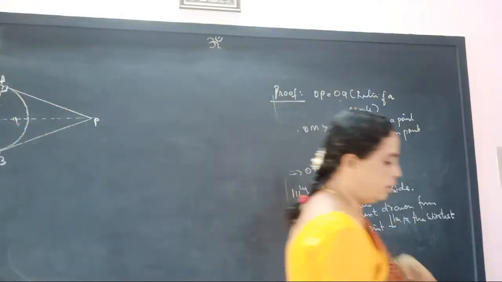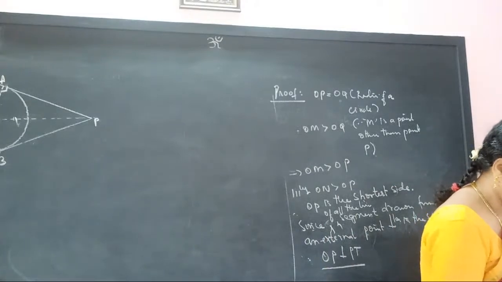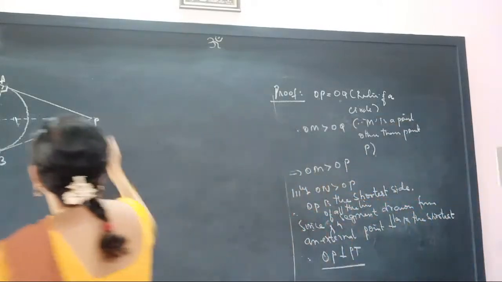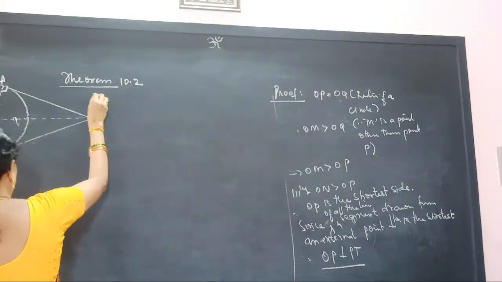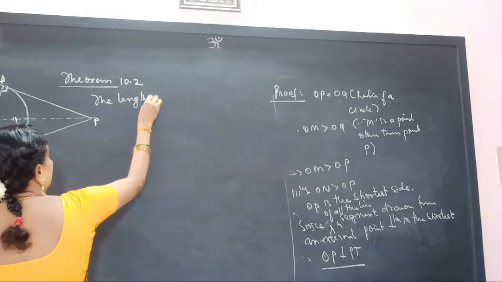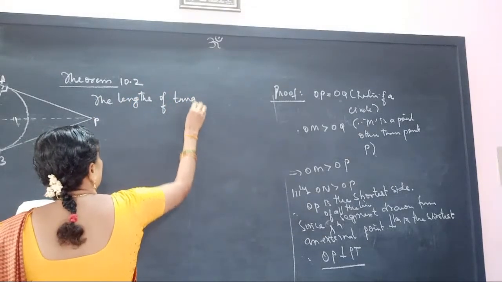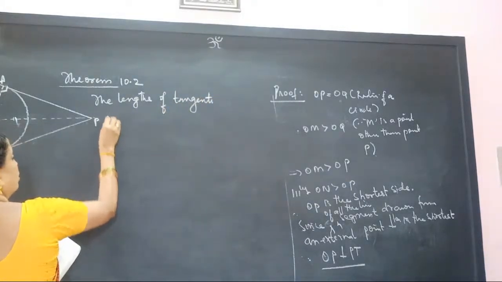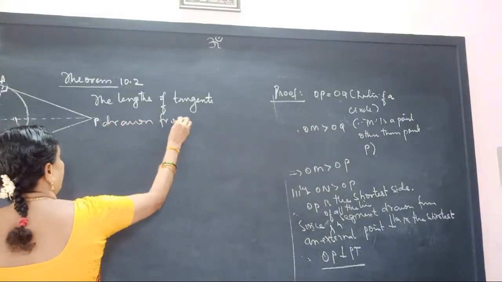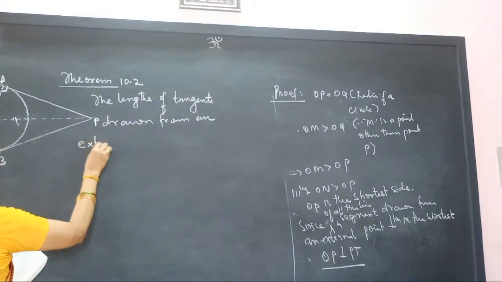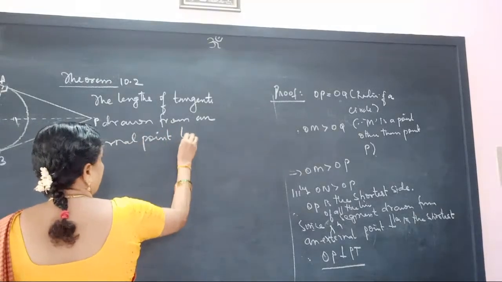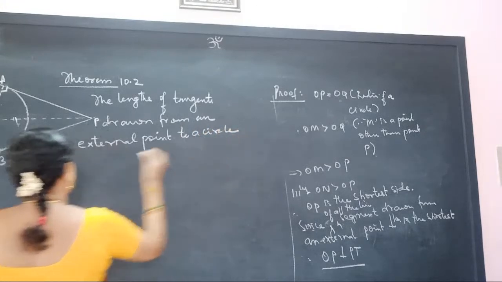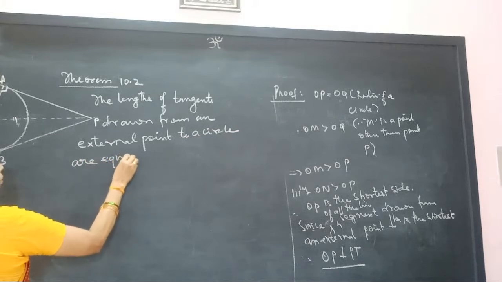This is Theorem 10.2. The length of tangents drawn from an external point to a circle are equal.